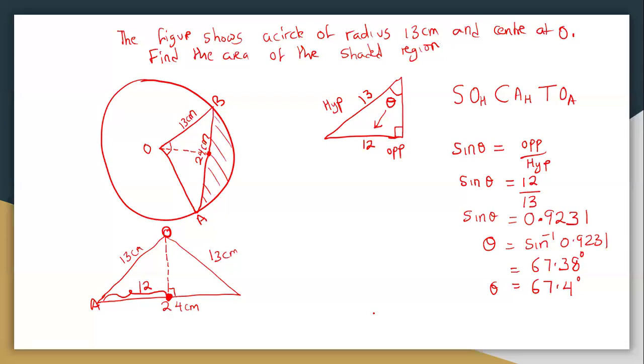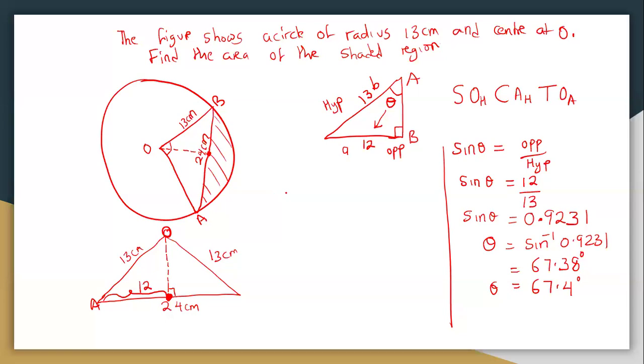Yes, Virginia. I used sine rule. Okay, Virginia, tell us. I labeled the 90 degrees capital B, and the 13 small b. And then the theta capital A and the 12 small a.